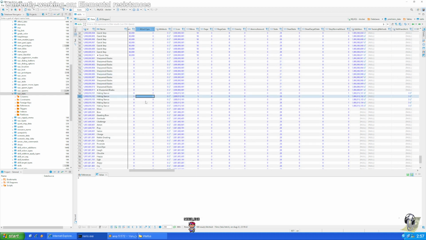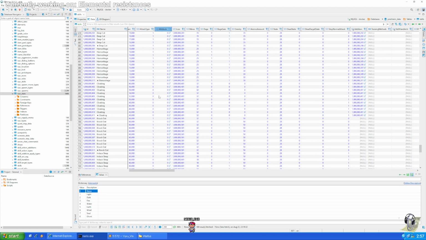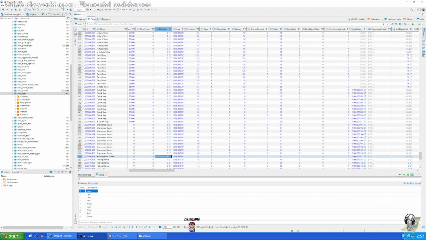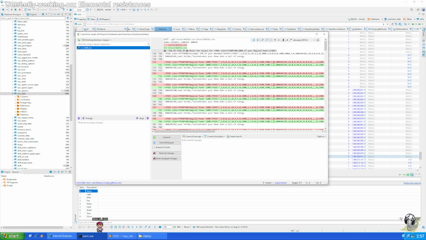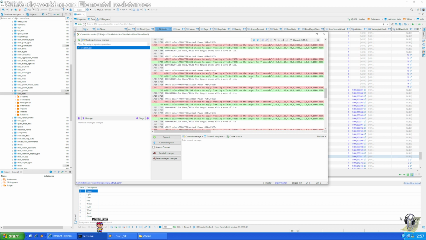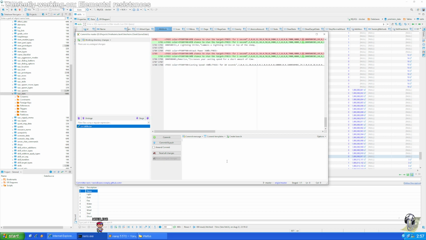Okay, so we have our base skill attributes. So I can commit that for sure. Skill element attributes assigned.